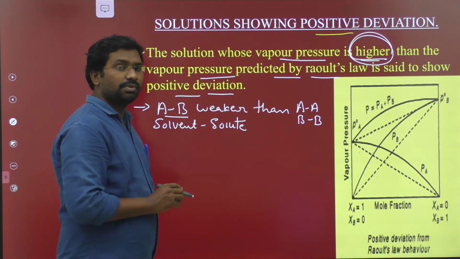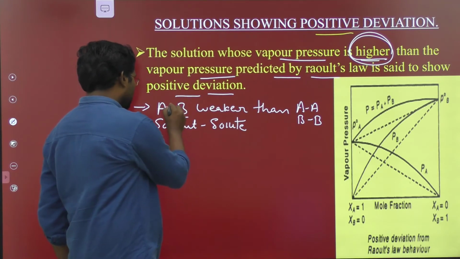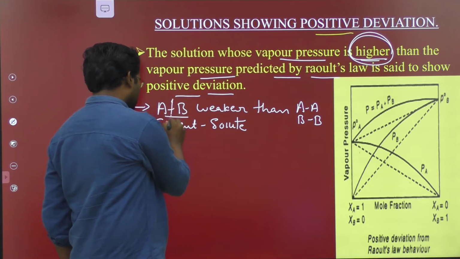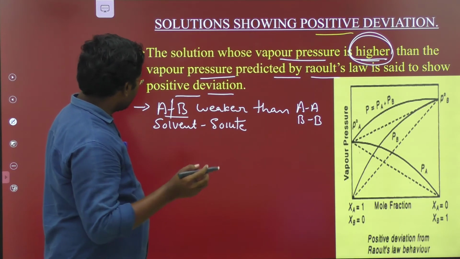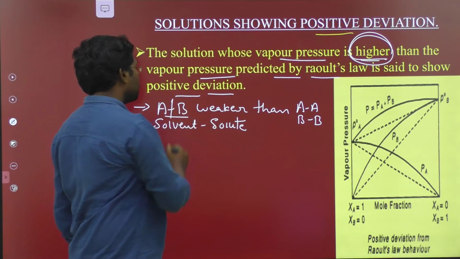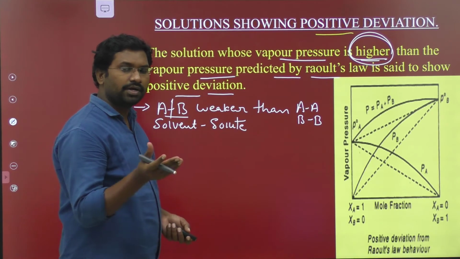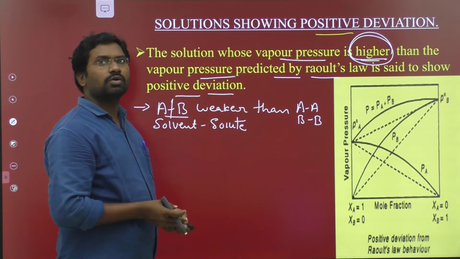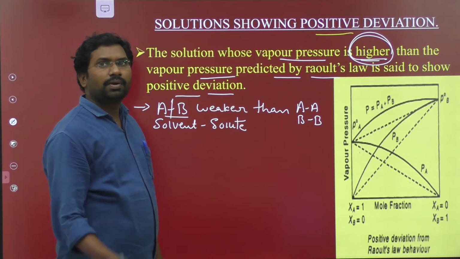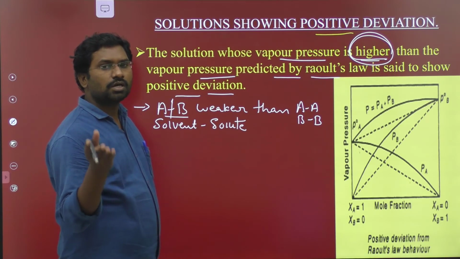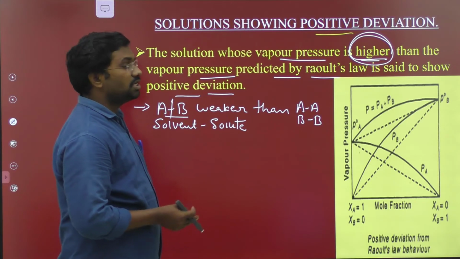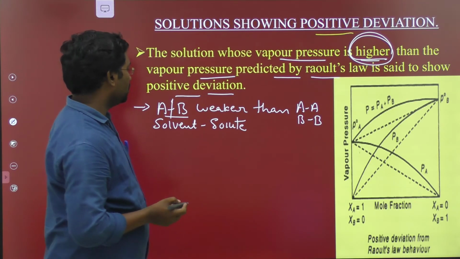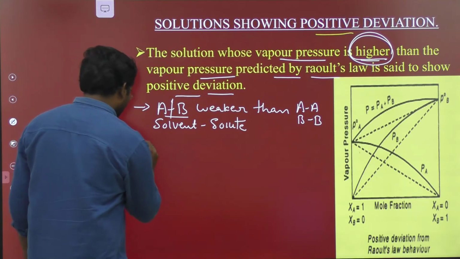When we give some temperature, the bond between the solvent and solute can easily be broken. Automatically both the solvent molecules and the solute molecules are evaporated. If more molecules are evaporated, the pressure possessed by them also increases. Therefore, the vapor pressure of the solution is higher than predicted by Raoult's law. This is condition number 1.